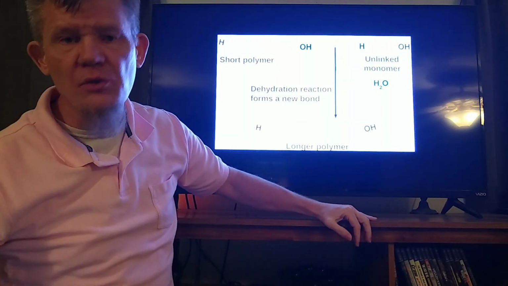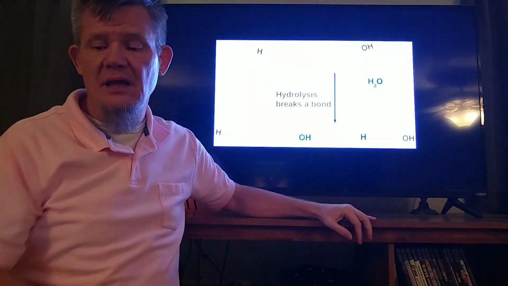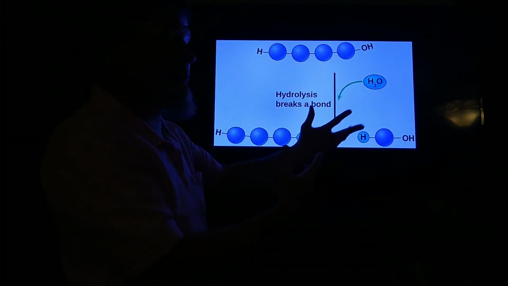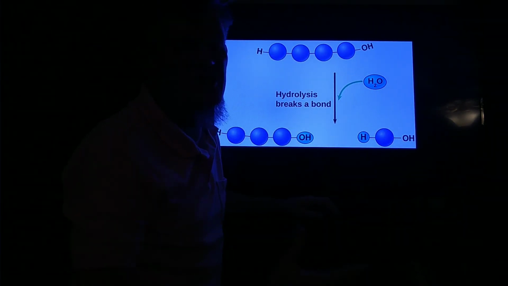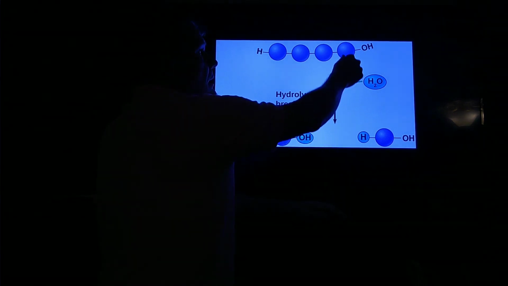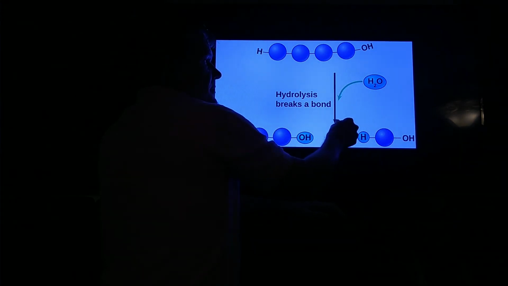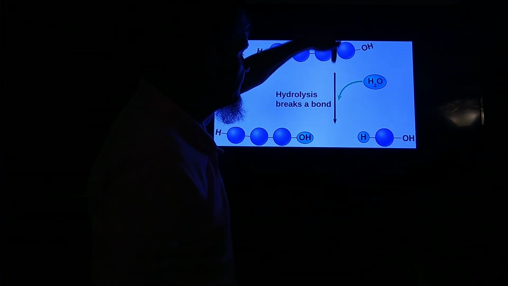If I remove water to link things together, then I add water to break them apart. And this is just the same graphic in reverse. Here is my polymer. That's 1, 2, 3, 4 pearls up there. 1, 2, 3, 4 molecules of something. I take a molecule of water, and I use it to split apart that bond right there. I split this bond where it was.